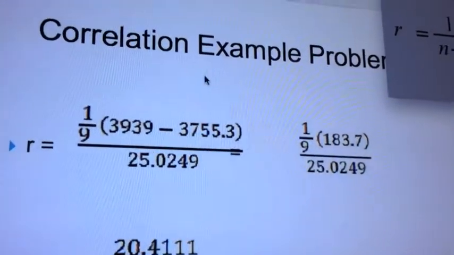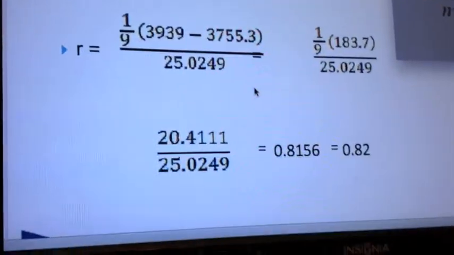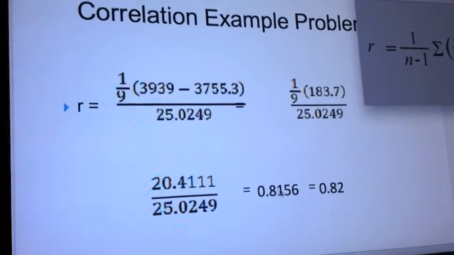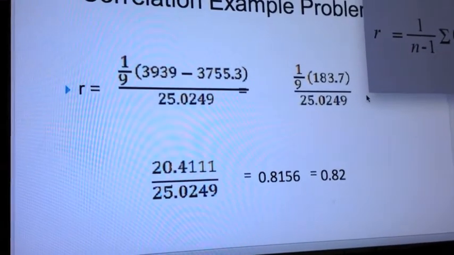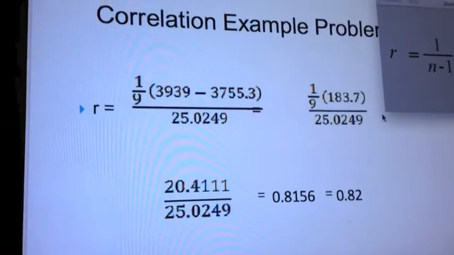And then as you calculate it all out, you'll eventually end up getting 0.8156, or 0.82. And there you go. That's a correlation problem.